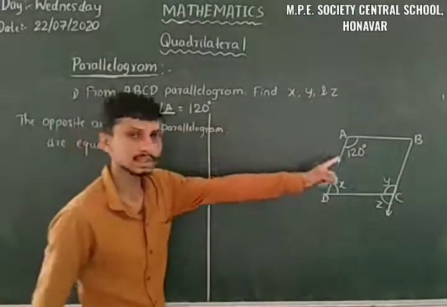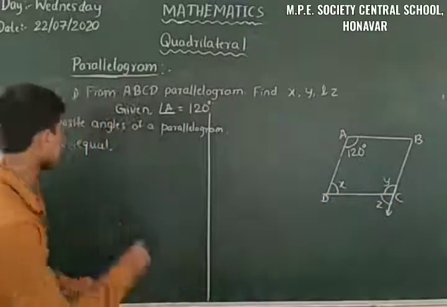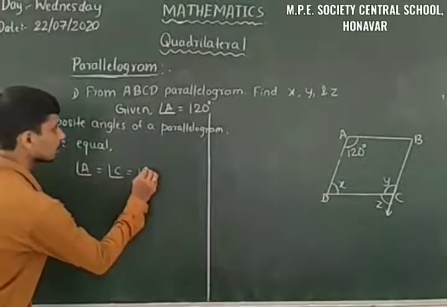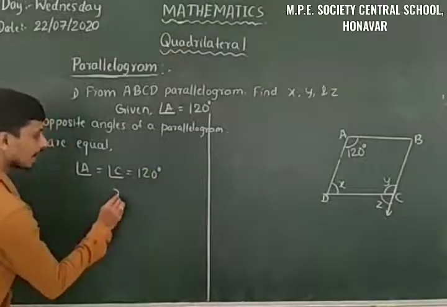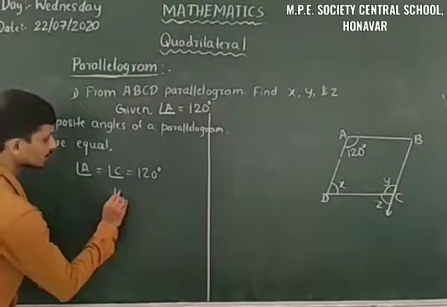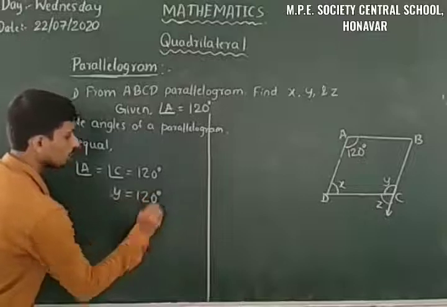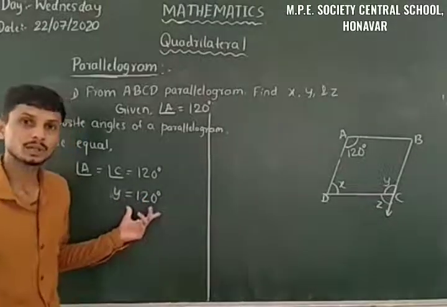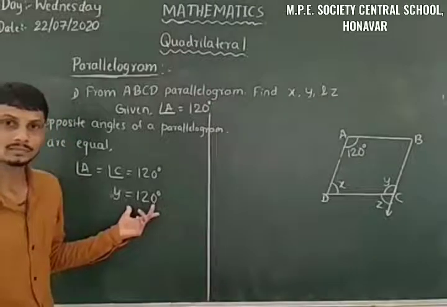The opposite angle of A is C. Angle A is equal to angle C is equal to 120 degrees. So that means y is equal to 120 degrees. We got the value of y.